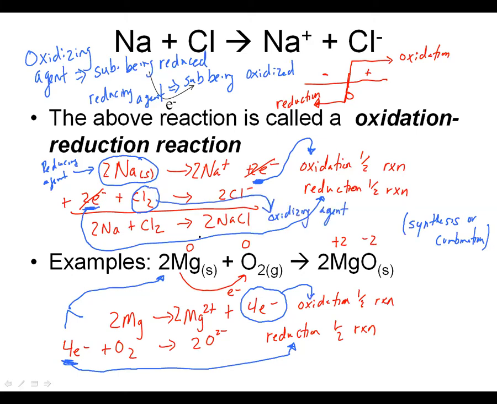The agents are something slightly different, basically the opposite of their names. On the bottom here, our magnesium is being oxidized, which means it's our reducing agent, and the O2 here is being reduced, which means it's our oxidizing agent. So those are some aspects of a redox reaction.